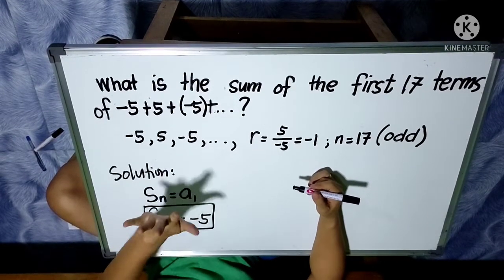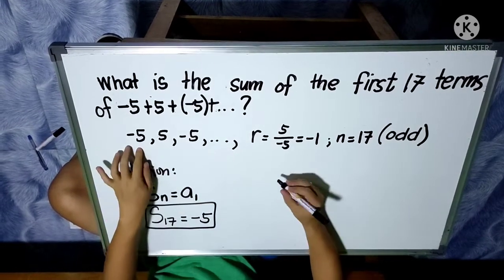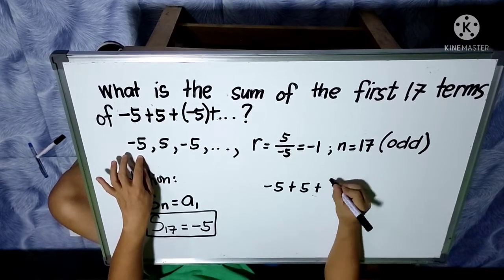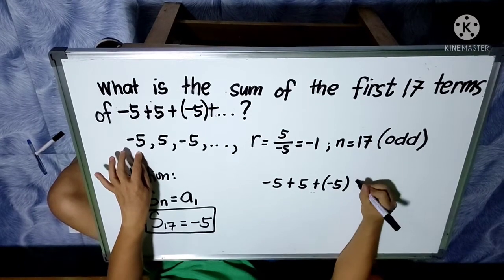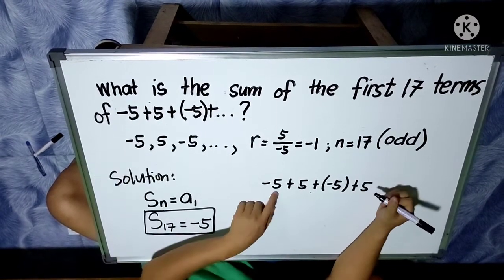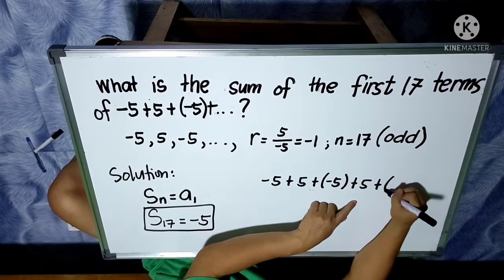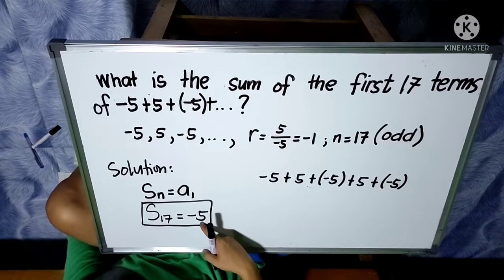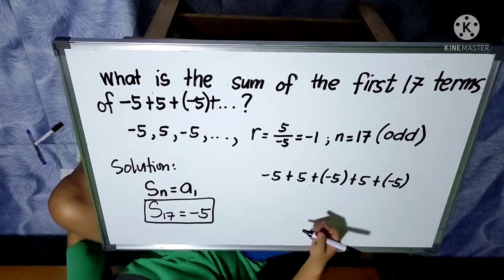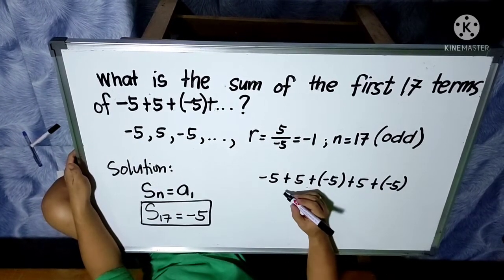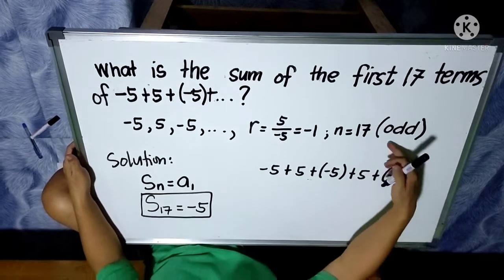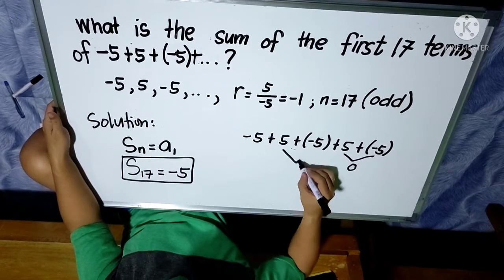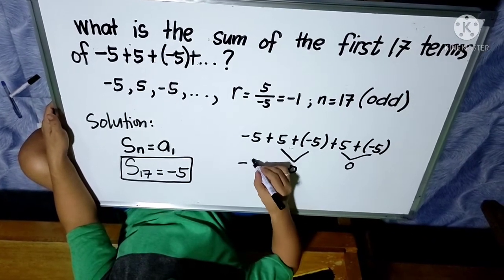I'll just take 5 terms because 5 is also odd. So negative 5 plus 5 plus negative 5 plus 5, plus negative 5. We're having odd numbers. So 5 plus negative 5 is 0. 5 plus negative 5 is 0. And then you have negative 5.